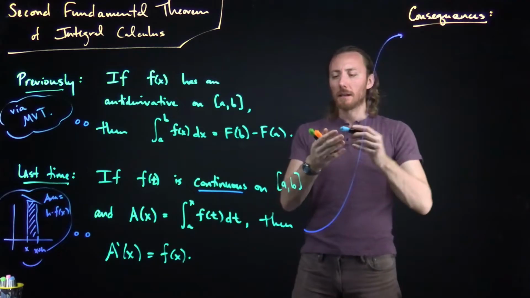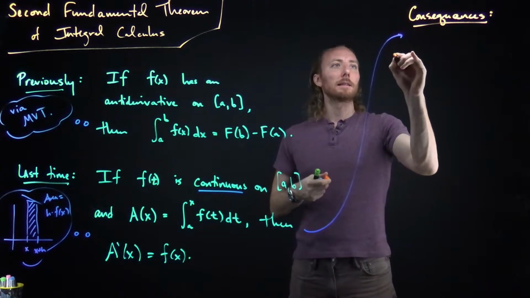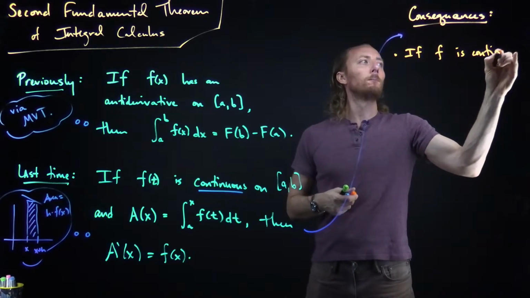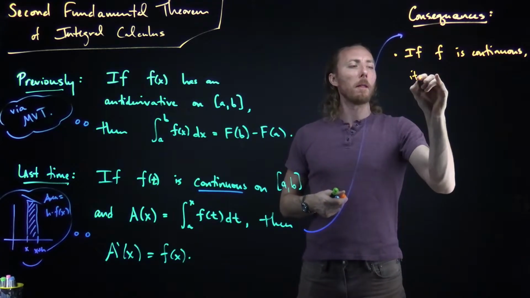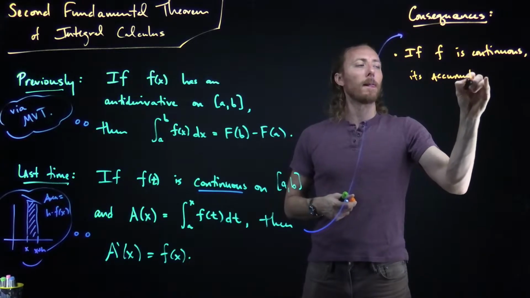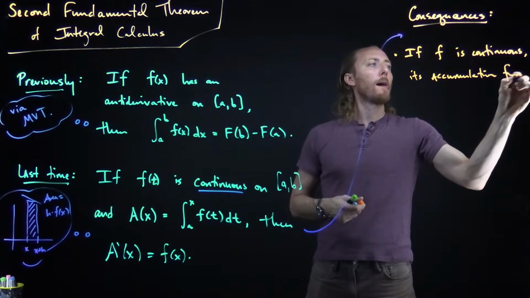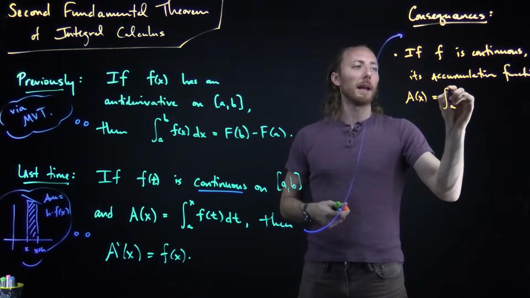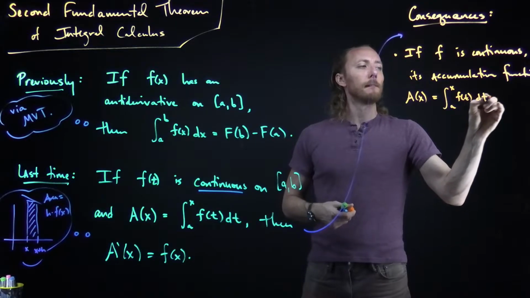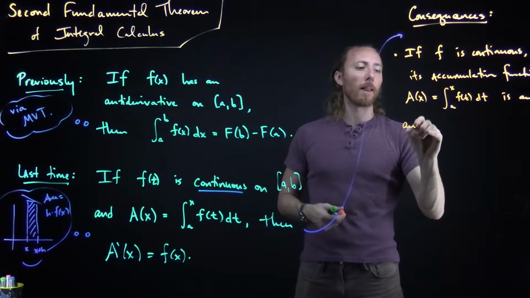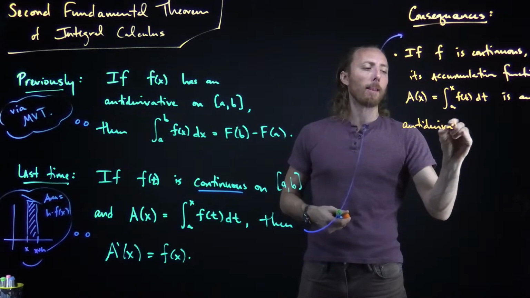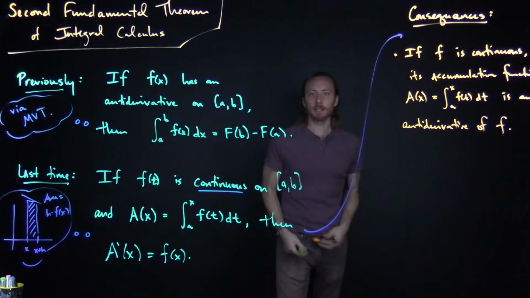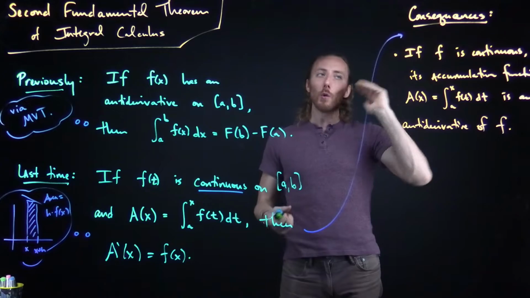So one of the consequences here is that if f is continuous, its accumulation function, A of x, this integral from a to x of f of t dt, is an antiderivative of little f.